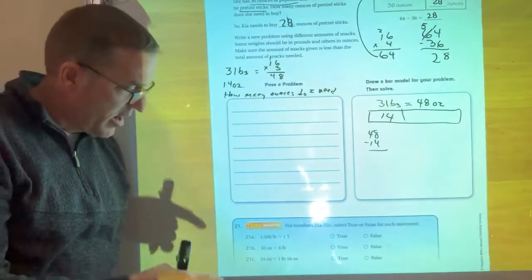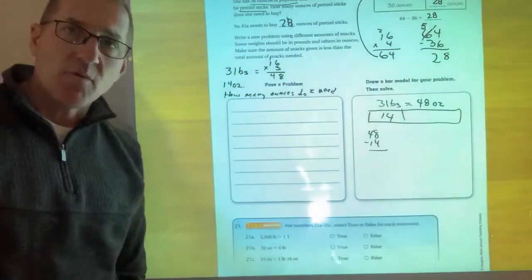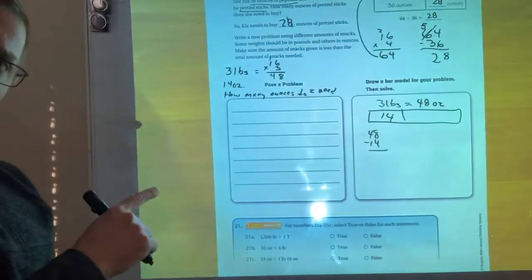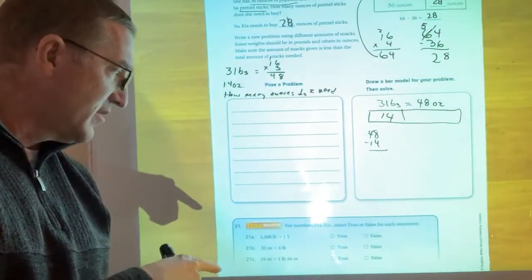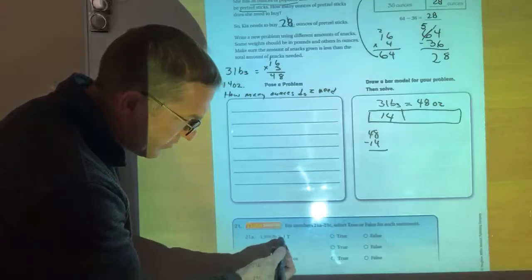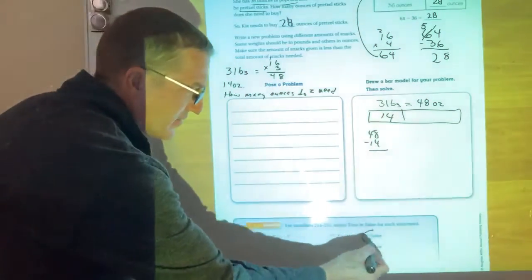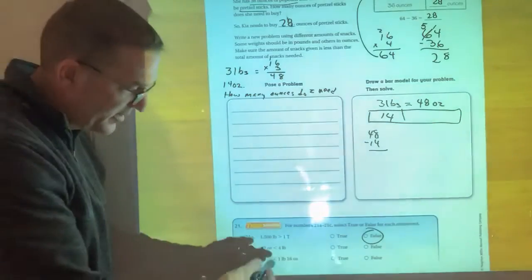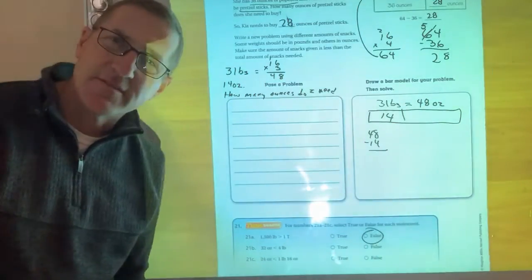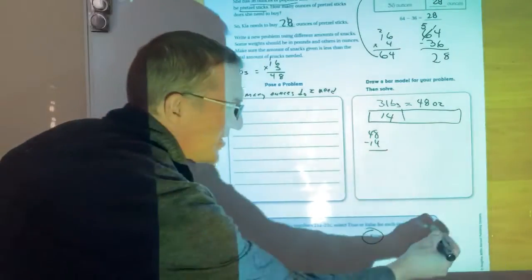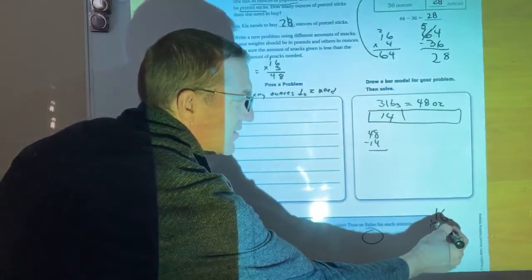Cool. What's bigger, 1,500 pounds or 1 ton? Well, how many pounds are in a ton? So mark it. It says 1,500 pounds is more than a ton. Is it? No, that's false. Next, 32 ounces and 4 pounds. That doesn't seem right, but if I don't know, I multiply 16 times 4.